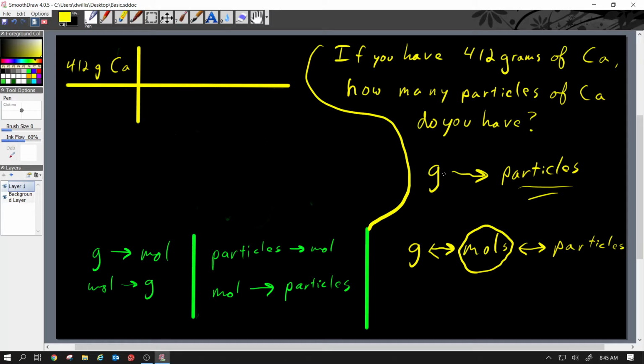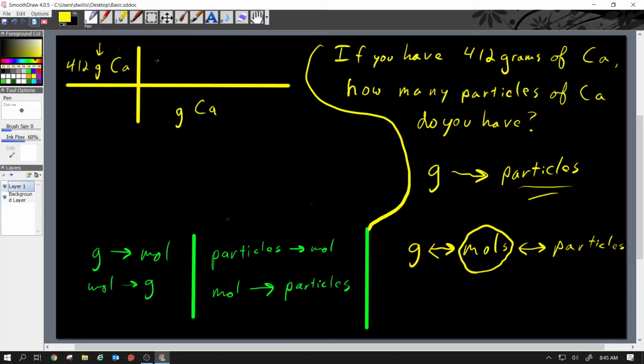So I really want particles, but on the way I'm going to go through the mole conversion. All right? Hey, I've got grams of calcium up here, which means I need to put grams of calcium down there.